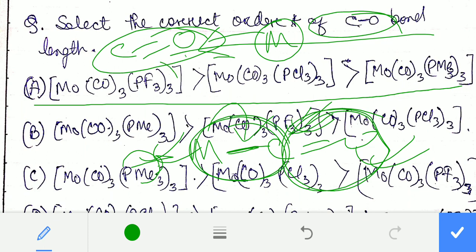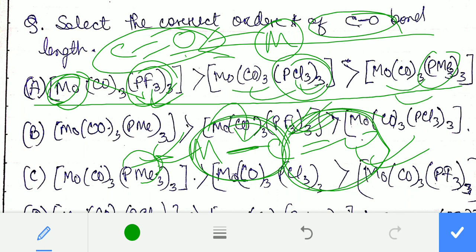Now as you can see in the options, PF3, PCl3 and PMe3 are present. PF3 is a pi acceptor. Because of these pi acceptors, the metal will have slightly fewer electrons available. At last we have the PMe3 molecule, in which the metal atom will have excess electrons to donate into this bond, so that the CO will have the least bond order.